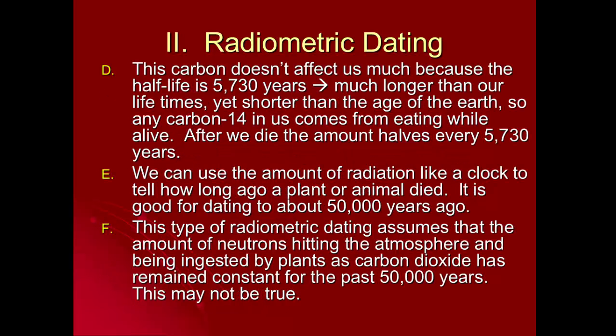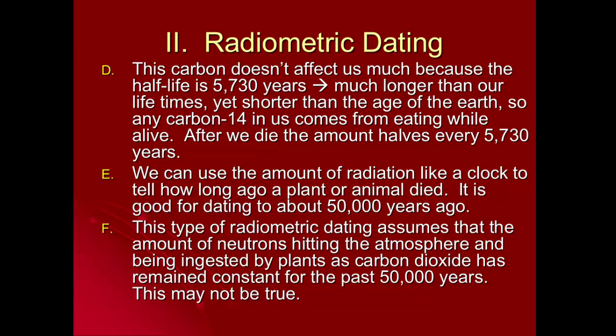It has a half-life of 5,730 years. So much longer than our lifetime, but shorter than the age of the Earth. So it works for dating to a certain point, and then you get to such a low portion of radioactivity that it's really not all that useful anymore. So we can use it to clock how long ago a plant or animal died to about 50,000 years.